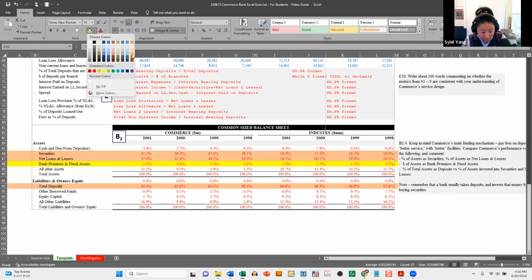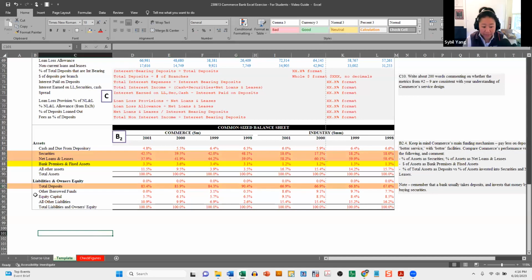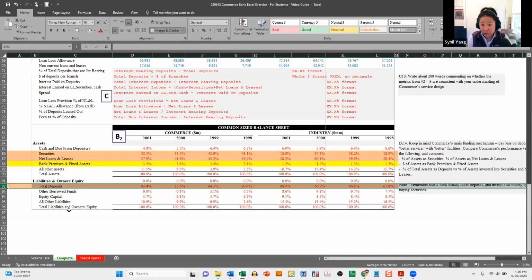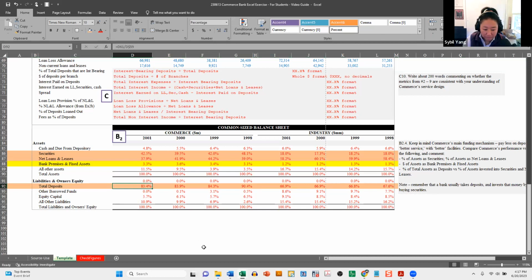The next comparison that you want to make is think about this. Again, I mentioned banks take money in and then they either lend it to people or they buy bonds, lending it to a government of some sort. So this is the percent of their assets that are actually in deposits, and then where those deposits go.